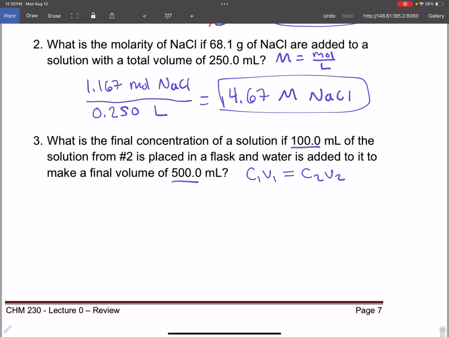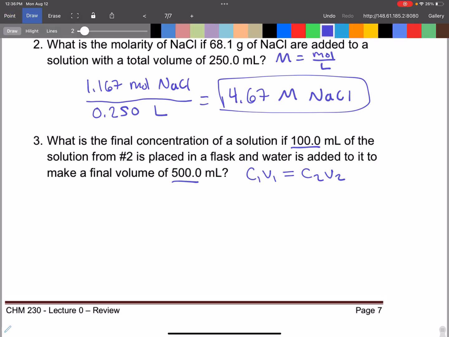So we have a volume right here of 100 milliliters. We're taking 100 milliliters of that. So this right here is the V1, okay? And the solution from number 2, that 4.67 molar, that is the concentration, that's C1.